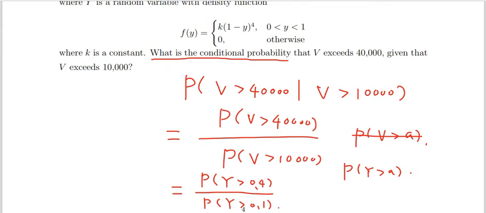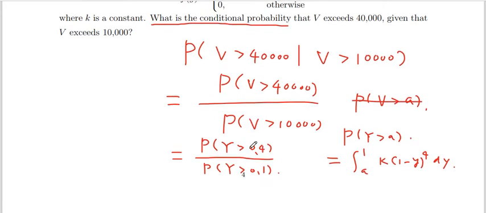So y larger than a is the integral from a to 1 of k(1 minus y)^4 dy. If we were finding the probability, we would need to find k, but since k will be cancelled, we don't need to care about k.